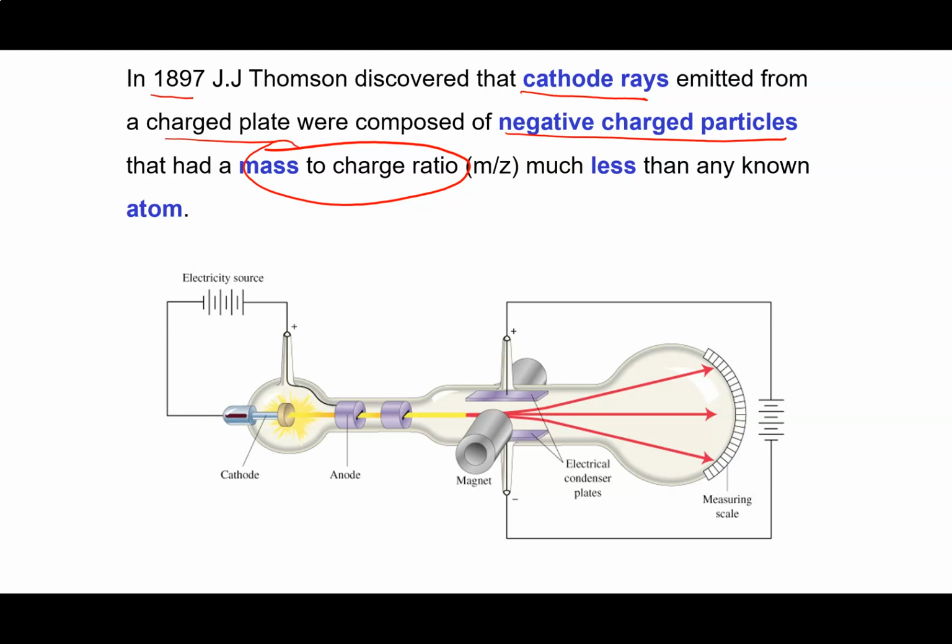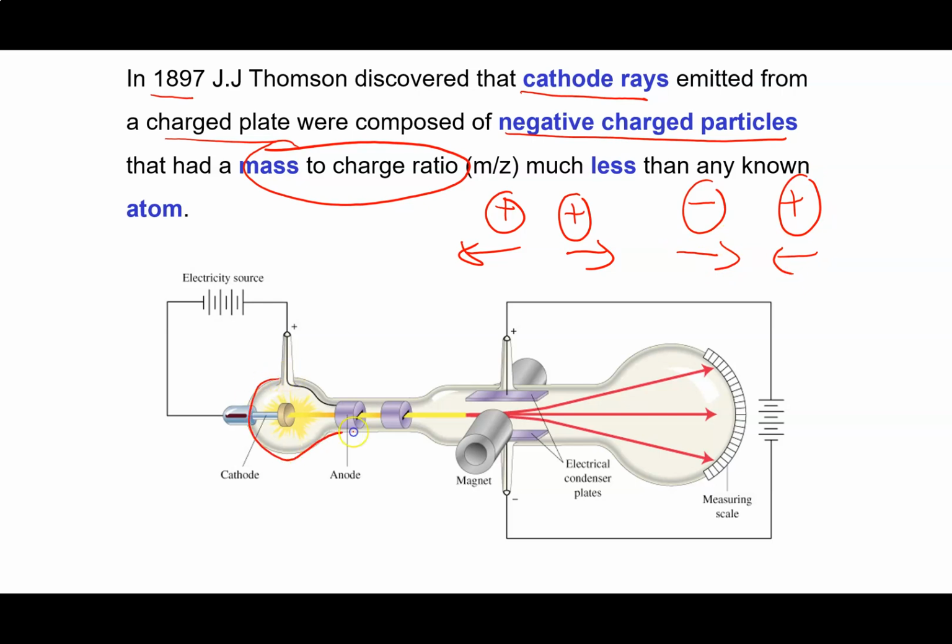How he did this relies on the fact that charges of the same sign repel one another, and charges of opposite electrical charge attract one another. So what he's got here is a big long tube that has a bunch of stuff inside it, like metal plates, but he can pump out all of the air, so there's no gas in here.